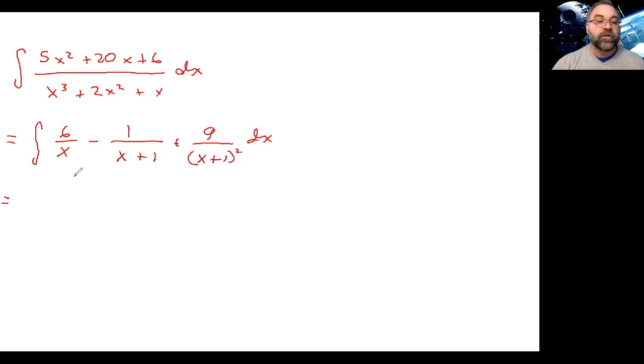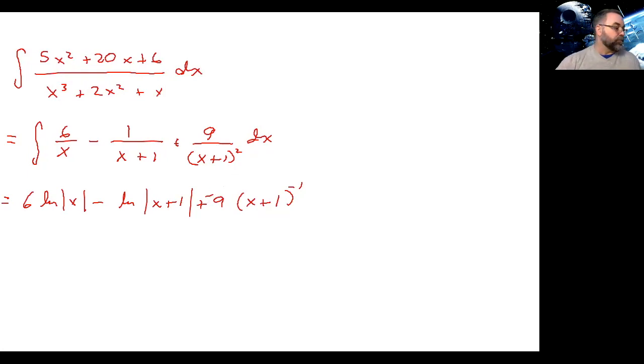Obviously the first two are 6 natural log of x minus the natural log of x plus 1. And then this one with just a little bit of u substitution, right? You let u equal x plus 1, du is equal to dx, all that stuff. So we'll add 1 to the power and then divide by the power.